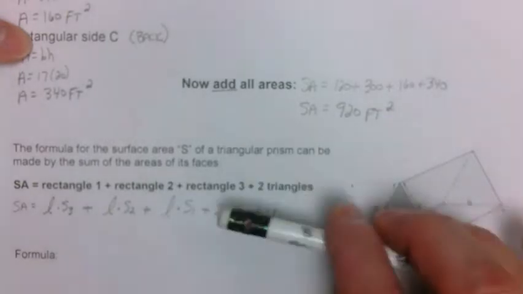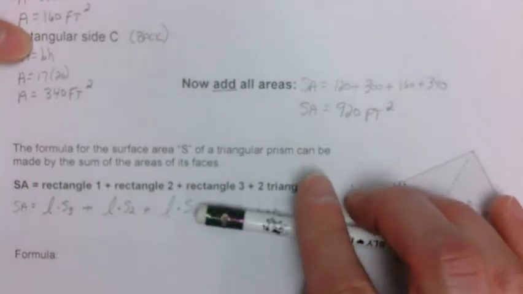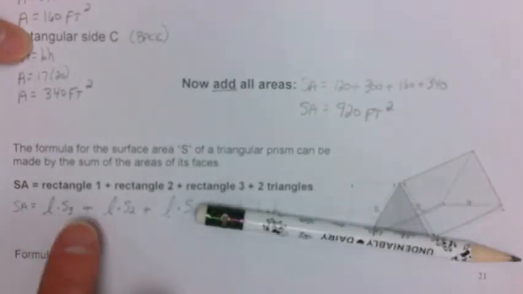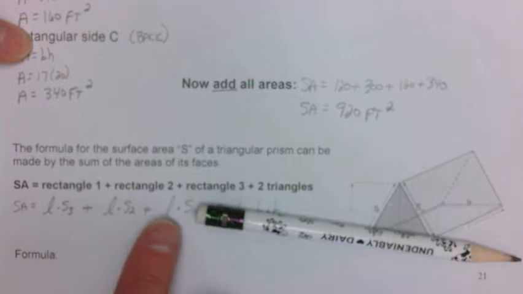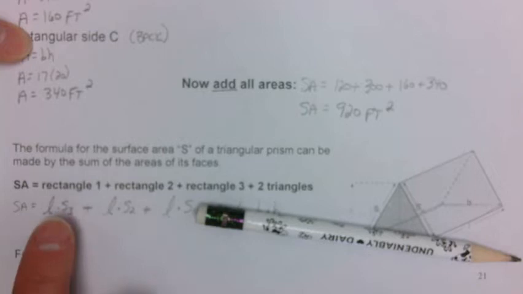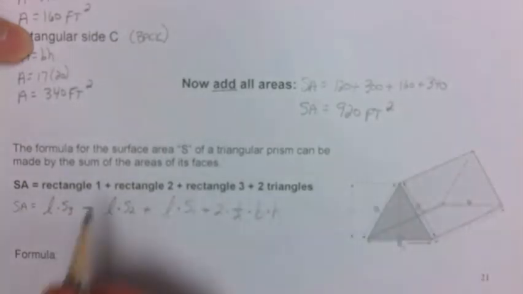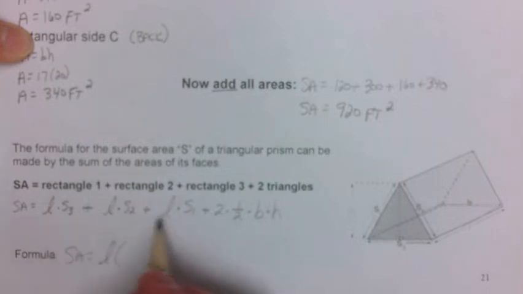If I look at just the rectangular faces, notice that each face involves the length. If I factor the length out of this part of the formula, surface area is going to equal the length times the sum of S1, S2, and S3. S1 plus S2 plus S3.